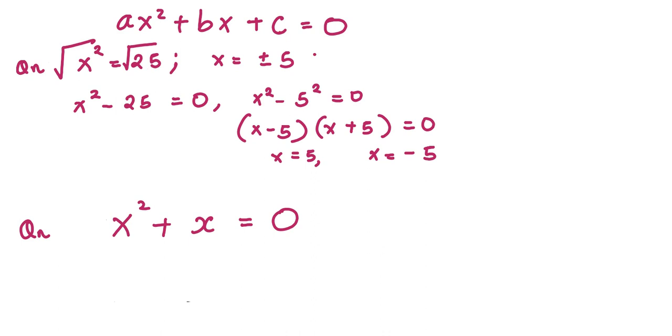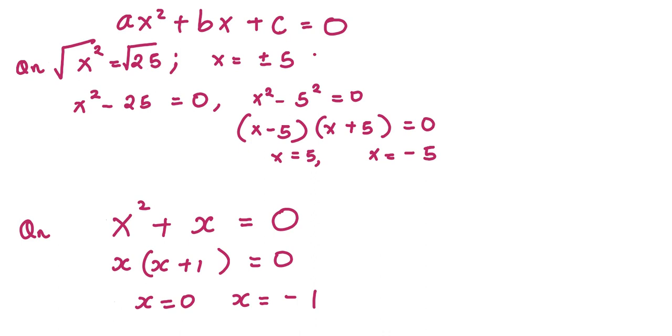You can see on the left hand side that x is common, so when you factorize you end up getting that. The moment you factorize, try opening back, you should get the exact equation which is on top. Now either bracket is equal to 0, so I end up having x as 0 and also x as negative 1. This is how we solve a quadratic equation when you do not have a C.